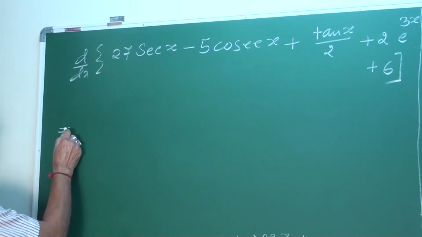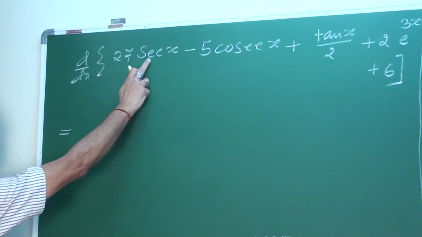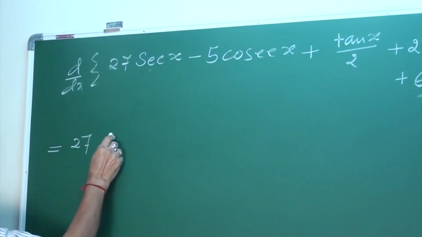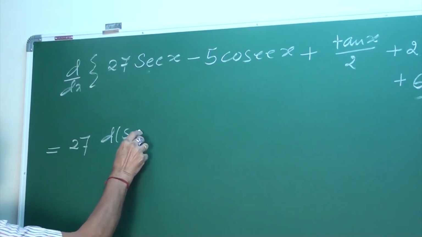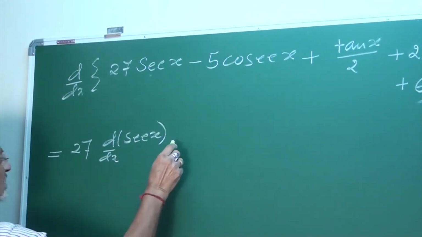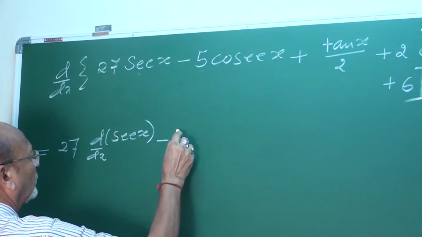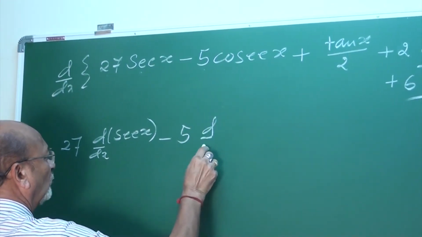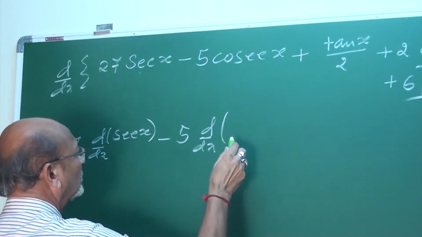First you have to write 27, being along with a function, the coefficient constant remains as it is, into derivative of sec x with respect to x, minus, my friend, 5 with function remains. With function remains, alone 0.